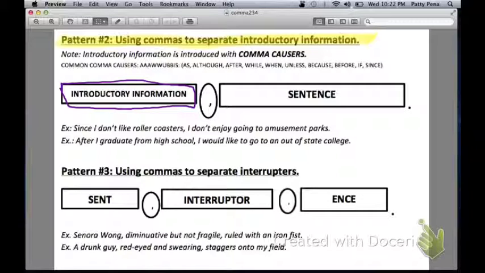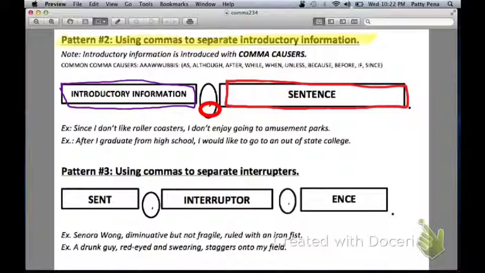So we have that introductory information, and wherever we have that introductory information, we need to separate it with a comma from the rest of the sentence. So then you have your comma right here, and then you have the rest of the sentence, which is the full sentence, the independent clause.